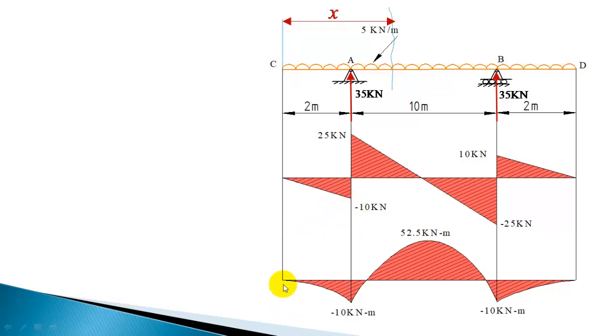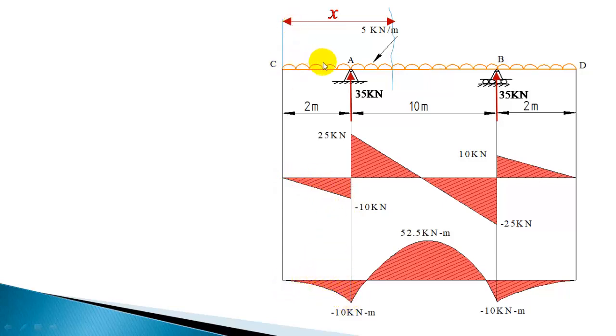We have calculated the bending moment at 4 salient points C, A, B and D. At C and D we know the bending moment is 0. At A you got minus 10 and at B got minus 10. So 0 to minus 10, and when shear force varies linearly, bending moment variation is parabolic.